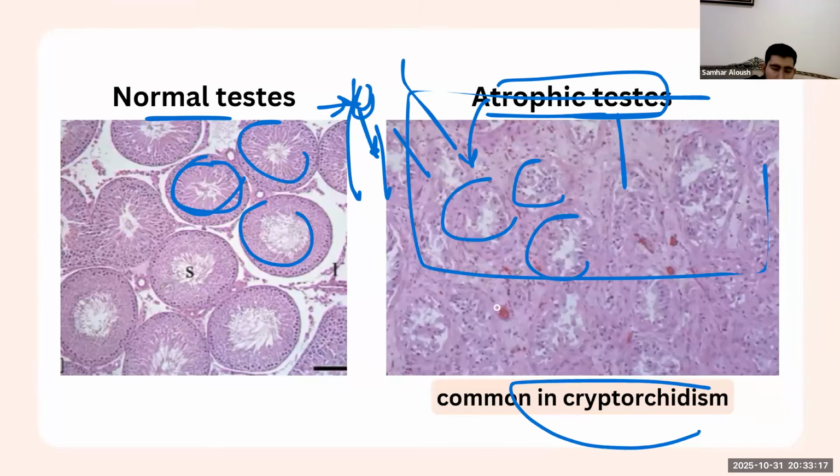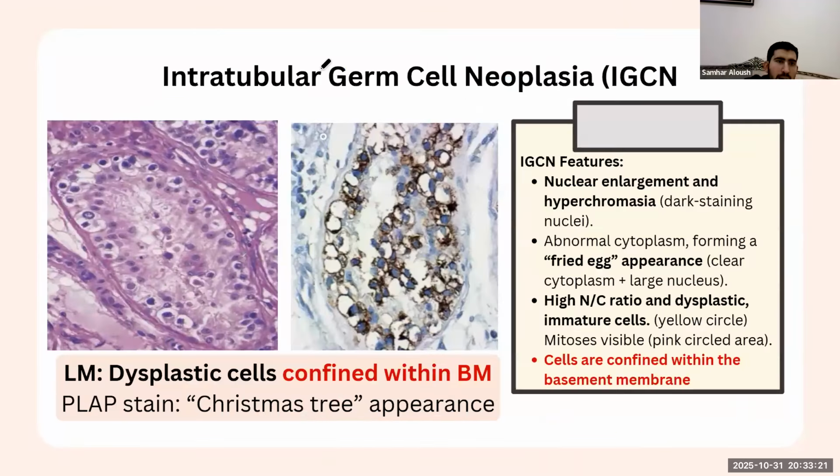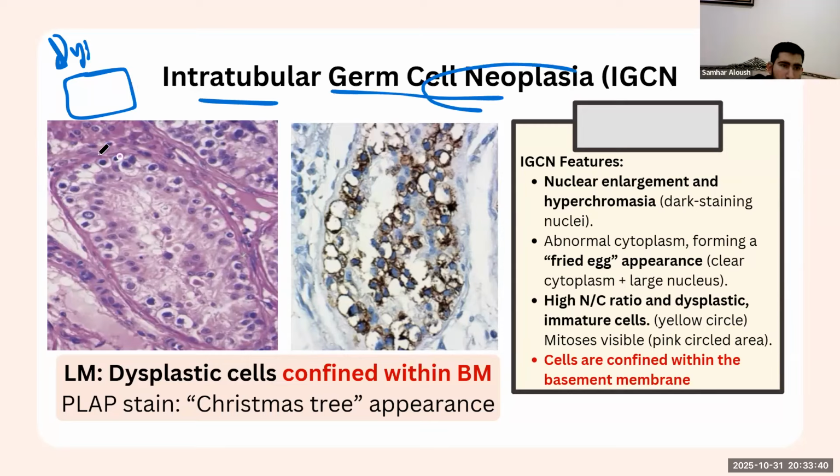Okay, we have so many cancers in the testes, so please bear with me. First, the atrophied testes will not become cancer immediately. It will have dysplasia. And I guess you know by now, dysplasia is a cell that may become cancerous, but it's not cancerous at this point. So in atrophied testes, it may become intratubular germ cell neoplasia. It's intratubular, as you can see here.